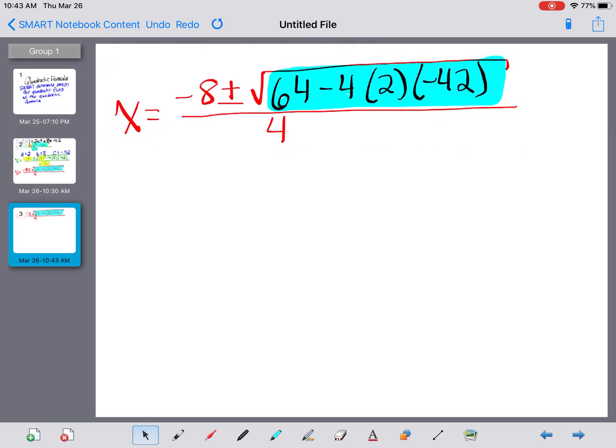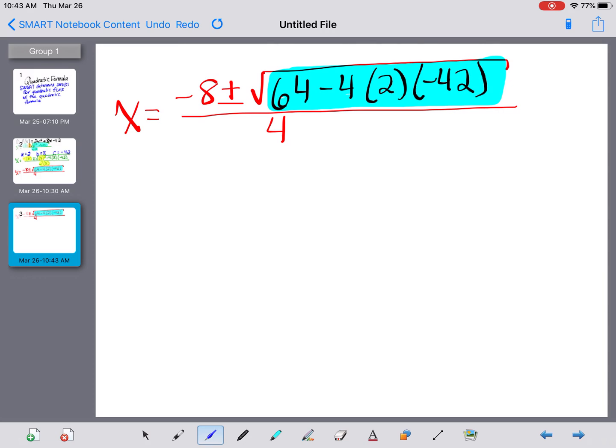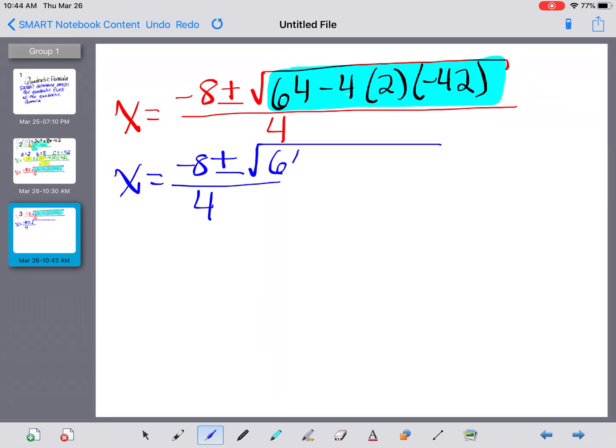Okay, now we are ready to do that simplification. But again, we're going to take our time because this is where the majority of mistakes are made. So we get x equals negative 8, because that's a number we wanted. We're going to put that 4 back where that was, because again, that number and the other number, negative 8, are both good. We need to turn that square root into a number now too. So we get the square root of 64.